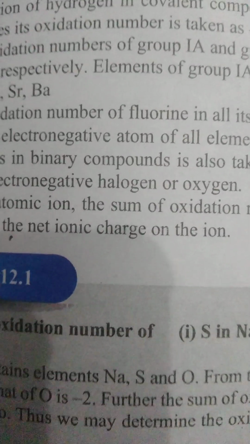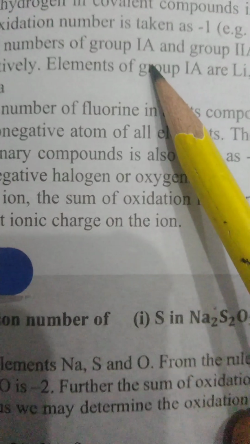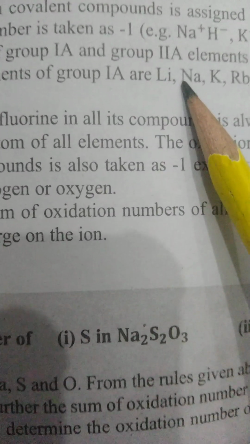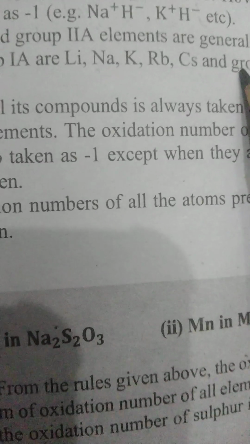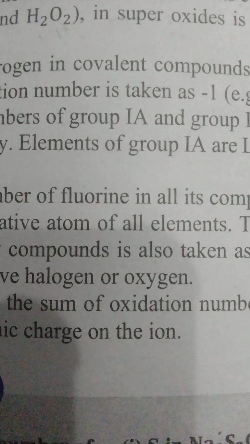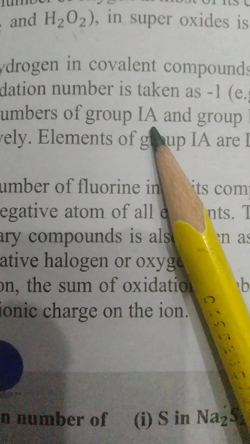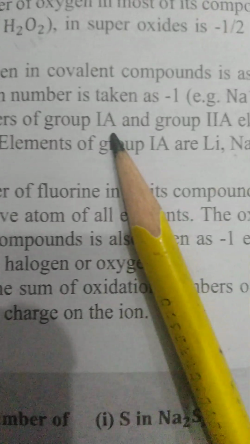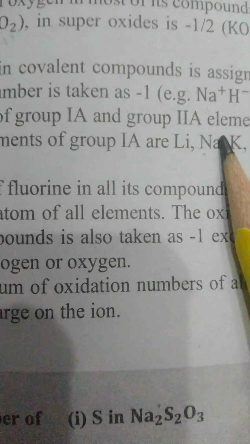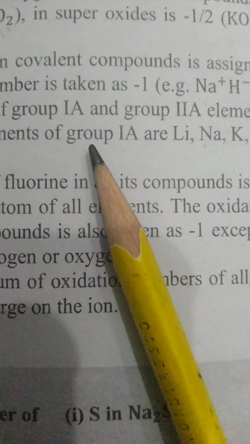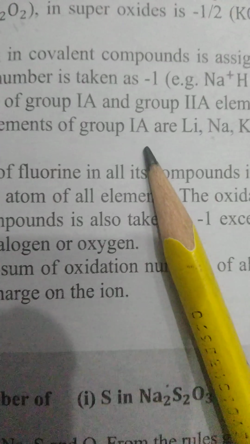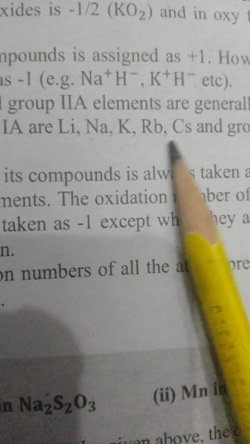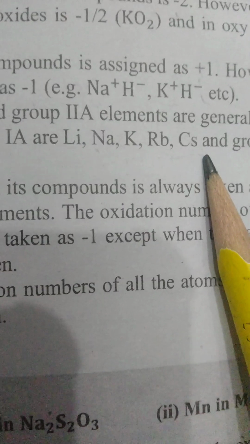Now what about the group 1A and 2A elements? It is a simpler one. Whenever it is the 1A group, like lithium, sodium, potassium, rubidium or cesium, it will be +1.